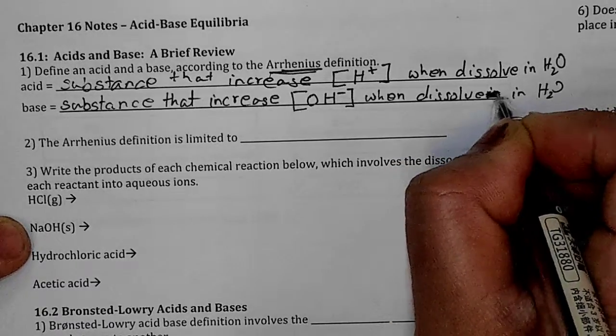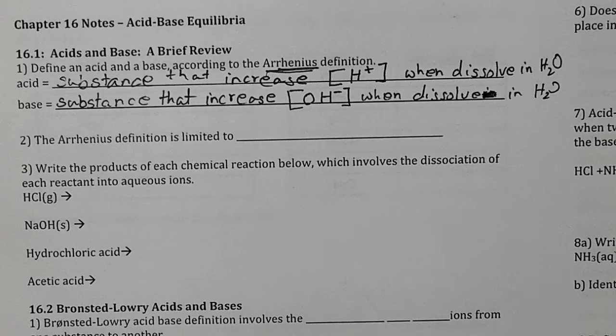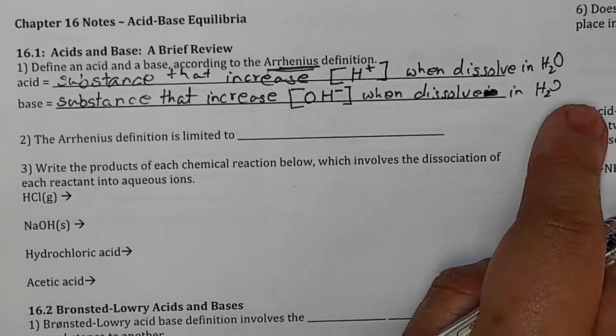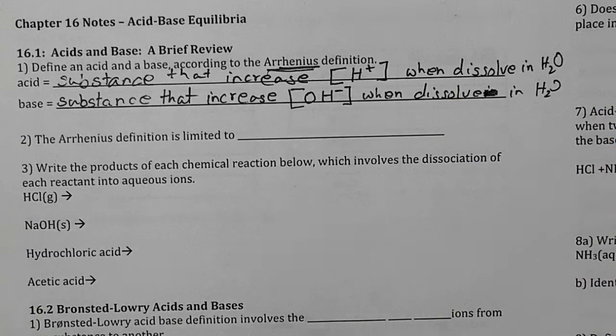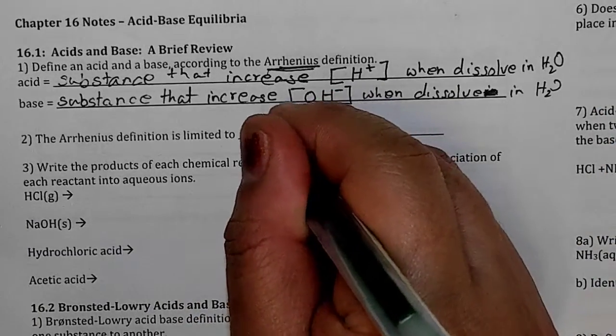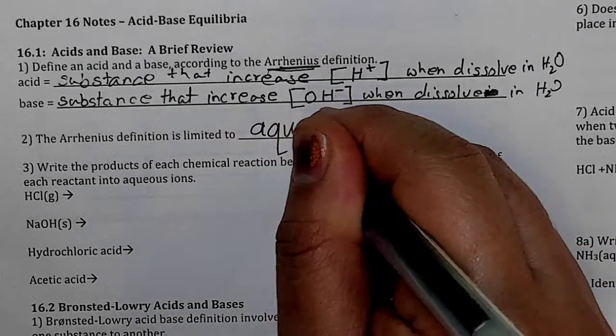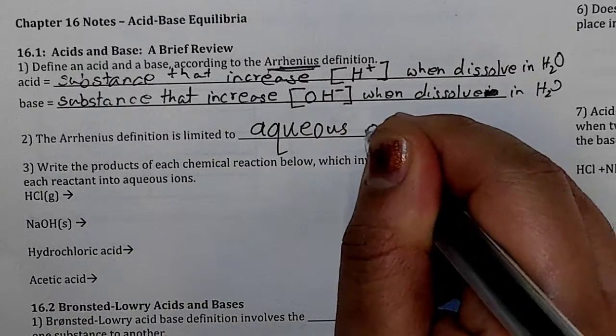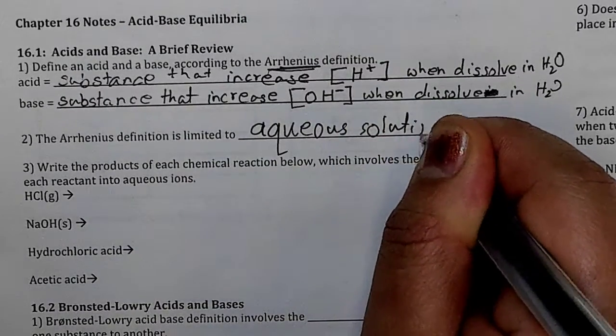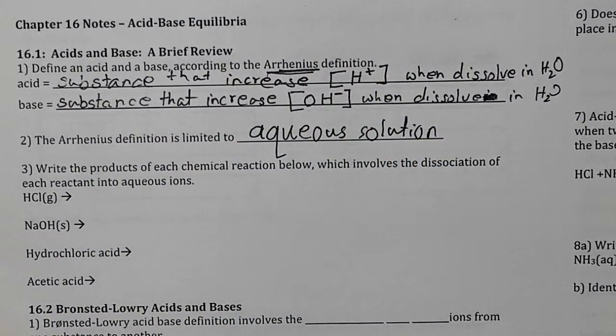So what does that mean? That means Arrhenius is very limited because they have to be dissolved in water, right? Because they keep saying this. So Arrhenius is limited to aqueous solution. We all know what aqueous solution is, right?